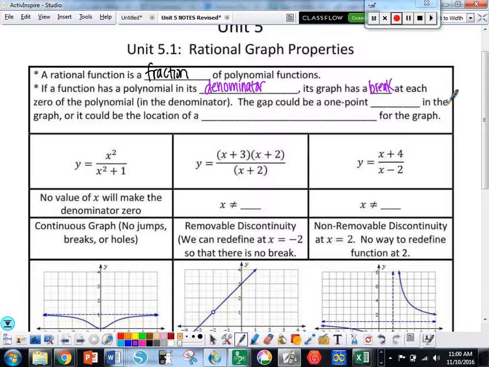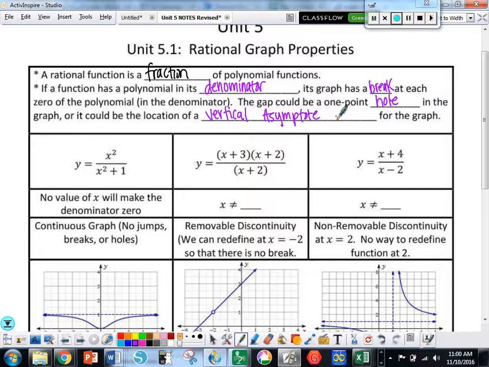Because we know that you can't divide by 0, right? So if there's a 0 in the denominator, something weird is going to happen. Now, the gap could be a 1-point hole. And I'll show you what I mean by that, and when that would happen. Or it could be a location of a vertical asymptote. We haven't seen what that is yet, I don't think.